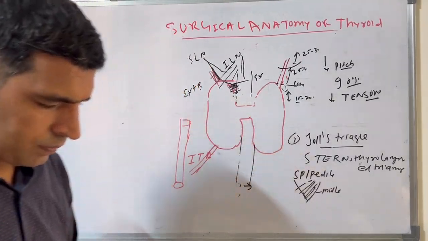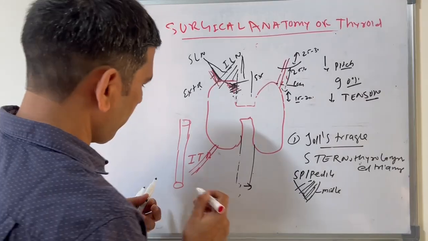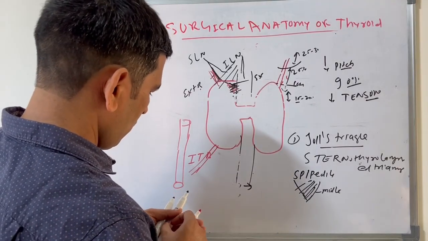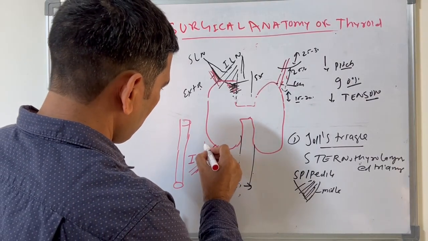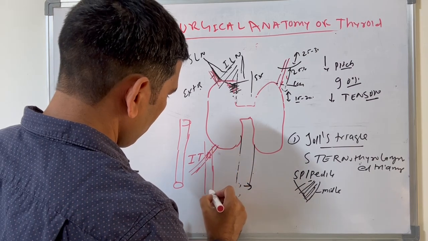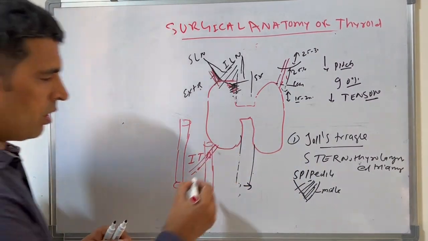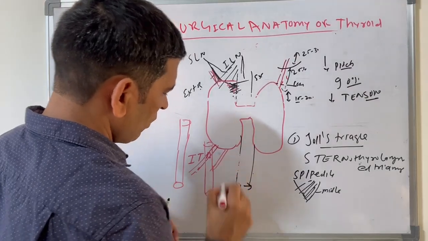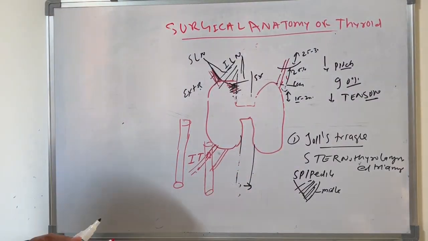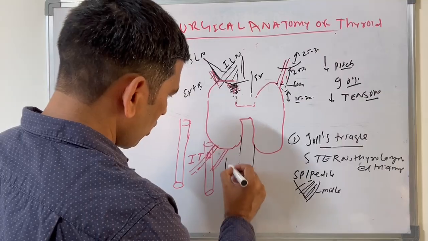So this is the common carotid artery. This is inferior thyroid artery, coming like this. So here one nerve is coming in the tracheoesophageal groove.